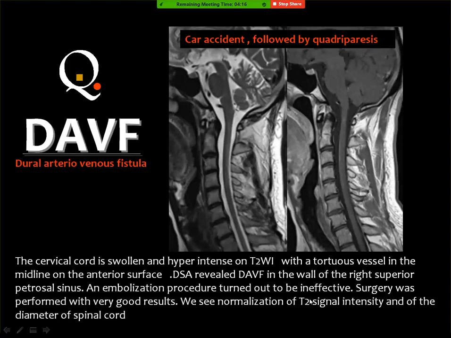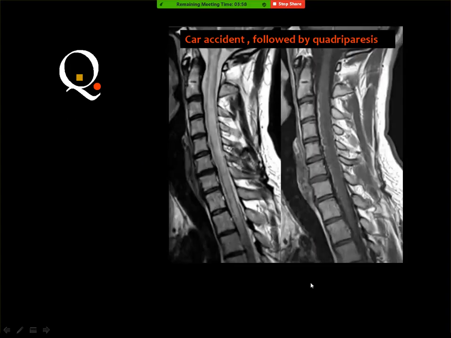Then what happens after trauma or after surgery or even spontaneous development of a fistula tract between one of the spinal arteries and the vein? Then what will happen for the cord? The cord will be ischemic. Why?